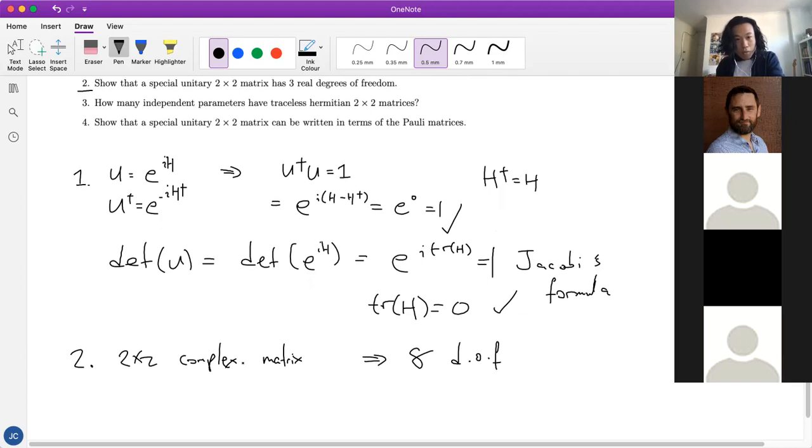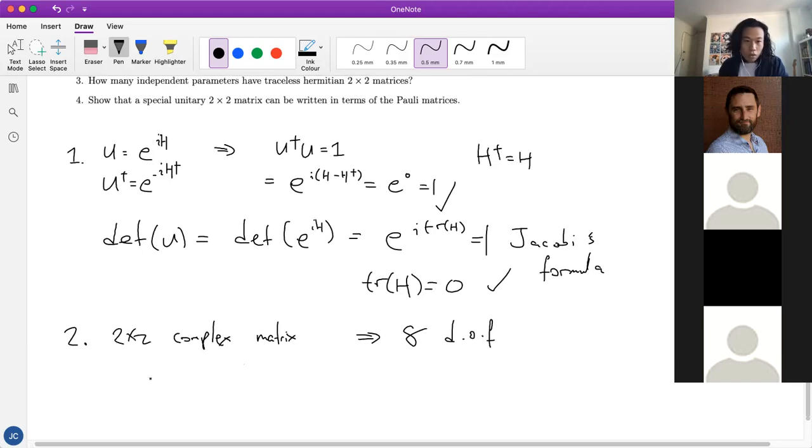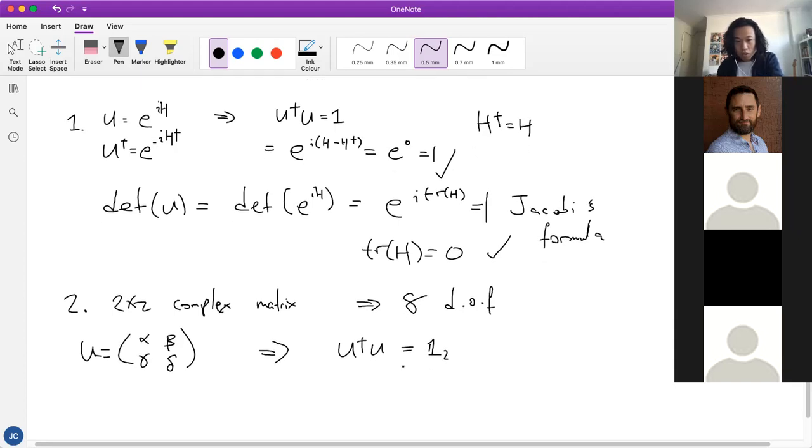But now we are requiring the unitary condition, so u bar u has to equal 1. If we call the entries alpha, beta, gamma, delta, so that's u, then u bar u equals 1, in other words a 2x2 identity matrix.